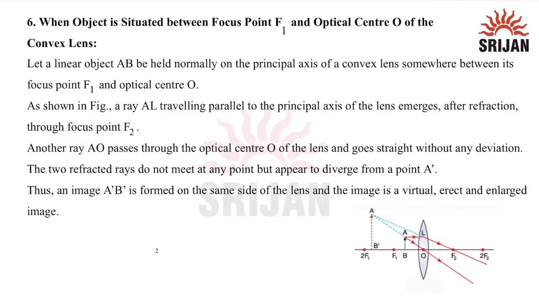Another ray AO, passing through the optical center, goes undeviated. These two refracted rays do not meet at any point but appear to diverge from point A dash. Thus, an image A dash B dash is formed on the same side of the lens, and the image is virtual, erect, and enlarged.